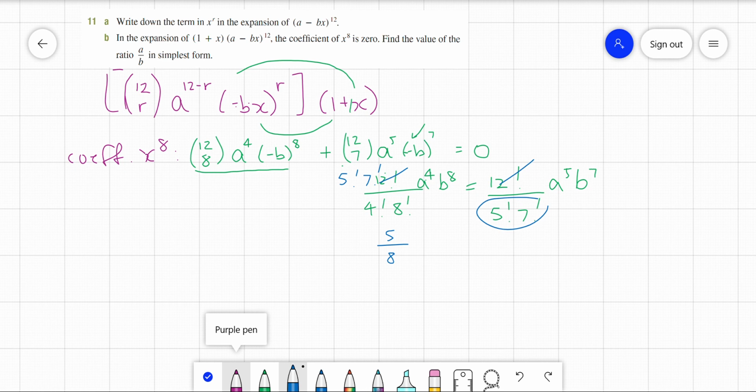Now if I keep the b's on this side, I've got b to the power of 8, and if I divide by b to the power of 7, that'll just be a b. And if I put the a's on the other side, I'm going to have a to the power of 5 divide by a to the power of 4, which is just an a. So if I want the ratio of a on b in simplest form, you can see it should be 5 on 8.